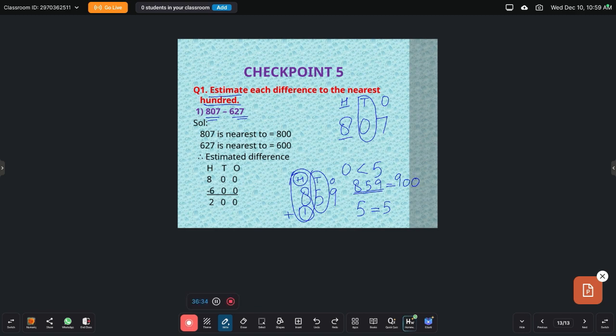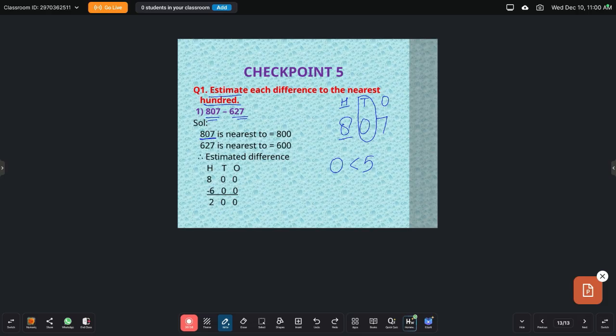Are you getting me? Since the digit at tens place in 807 is less than 5, we go with the same hundreds, so 807 becomes 800.